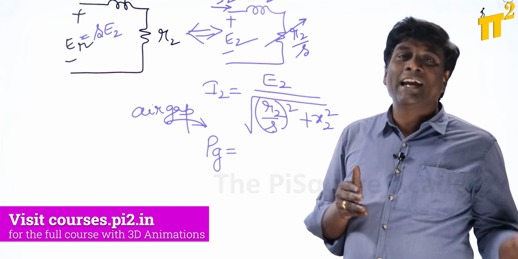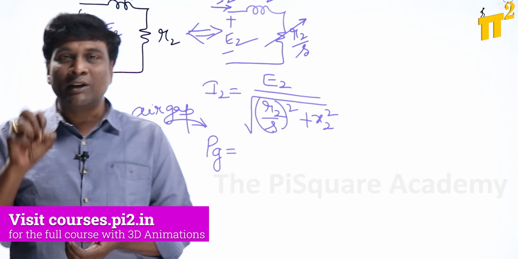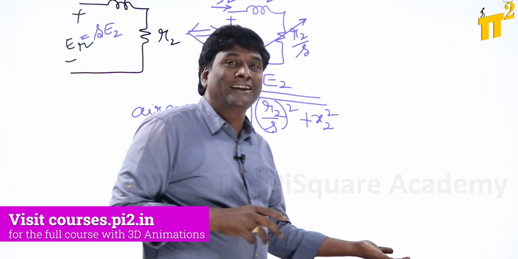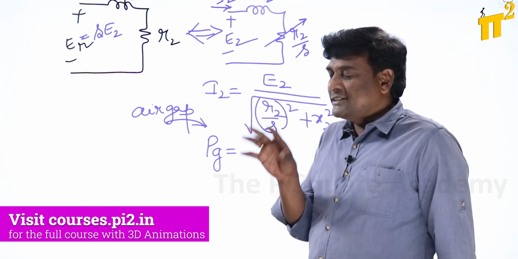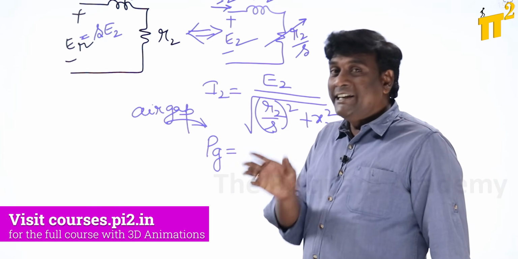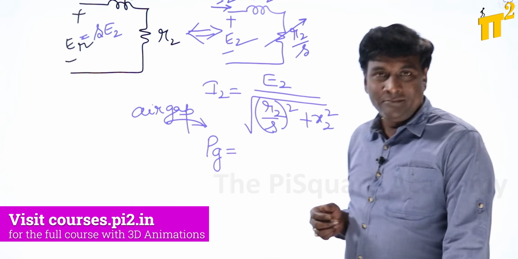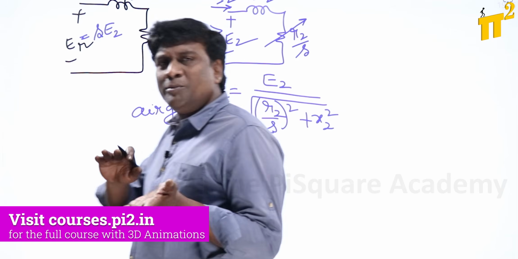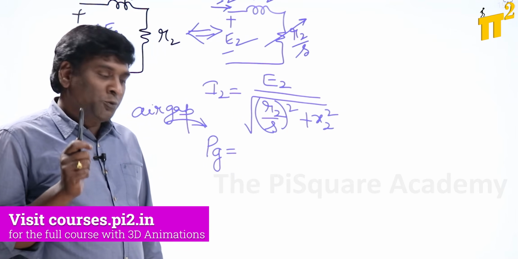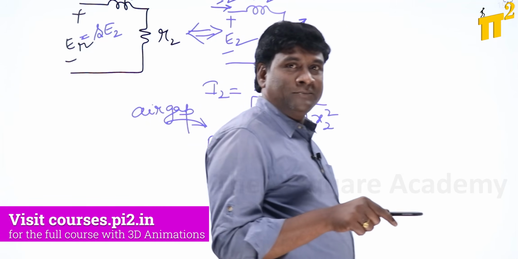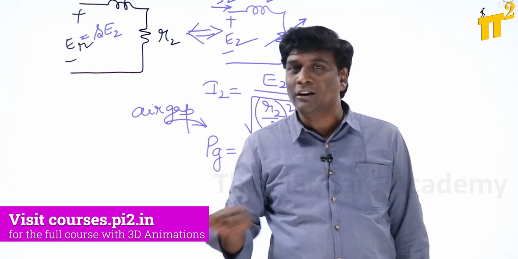In order to deliver active power in the name of mechanical power. A synchronous motor will take active electrical power and deliver active mechanical power at the shaft. But reactive power is not a power. The synchronous motor may absorb reactive power, but it will not be delivered to the shaft because it is reactive power. Reactive power compensation and all is a matter of power systems, forget about it. Whenever we say shaft power, it is nothing but active power only. Reactive power will not come to the shaft.